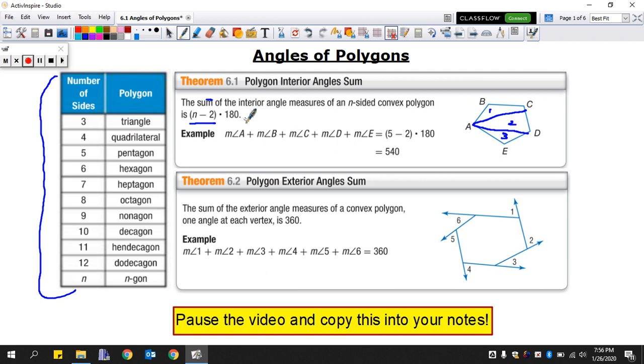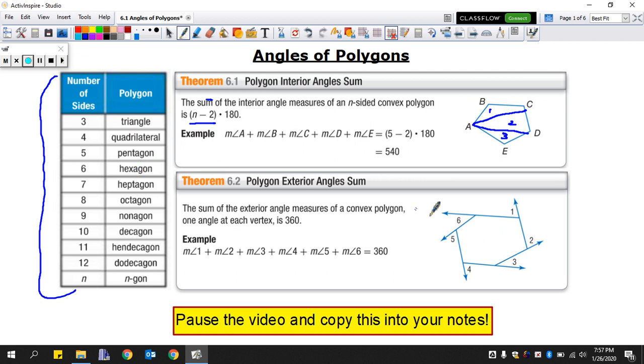The other thing that we're going to talk about is the polygon exterior angles sum. Remember, an exterior angle is if you take one side and just extend it out past the vertex. Here you see exterior angle 1, exterior angle 2, 3, 4, 5, and 6. So this is a six-sided figure, which is a hexagon.